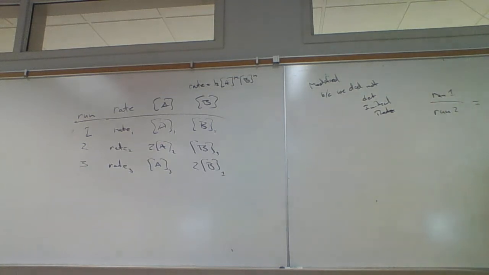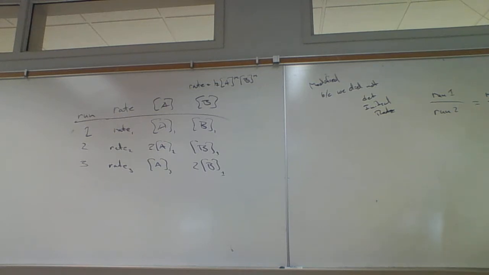By looking at the rates, we're going to have rate 1 over rate 2. Now rate 1 is just equal to k, the rate constant, times the concentration of A to the m power, B to the n power.